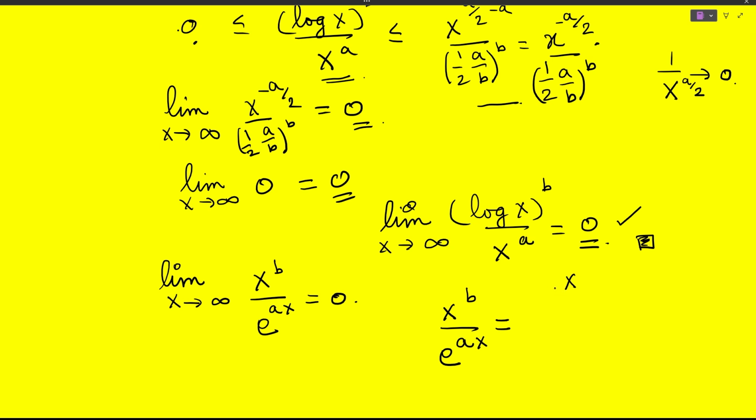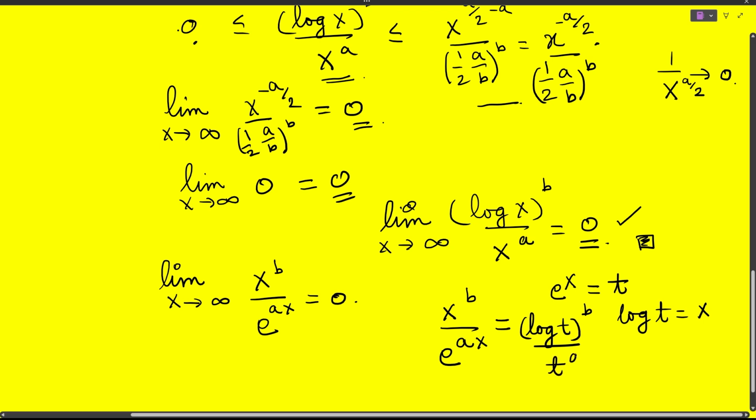Let's say e to the power x is t, right? So what you have now is that log t is x. So instead of x, I can just plug in (log t) to the power b, and we know that e to the power x is t, so t to the power a.